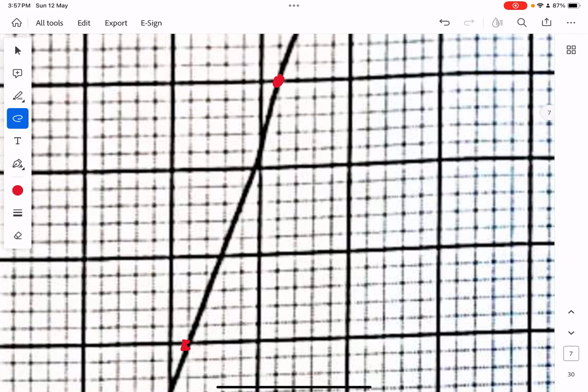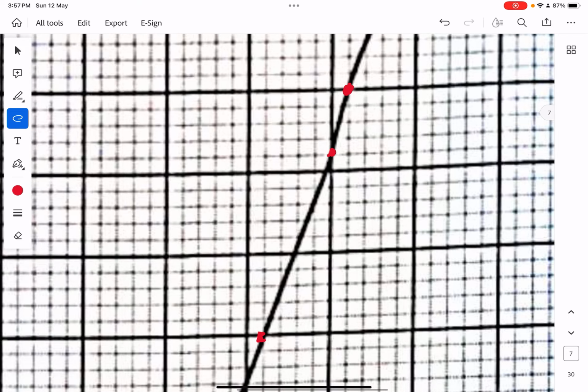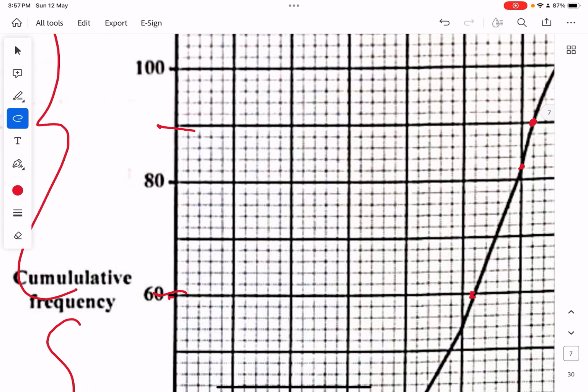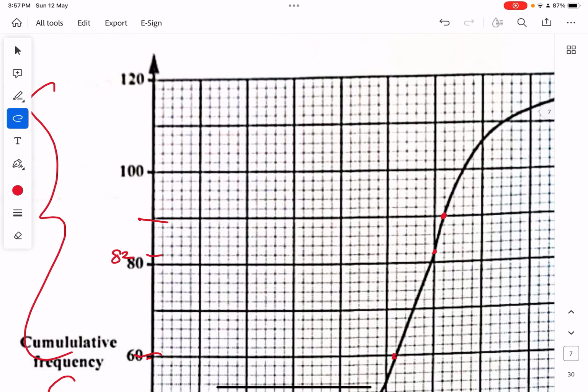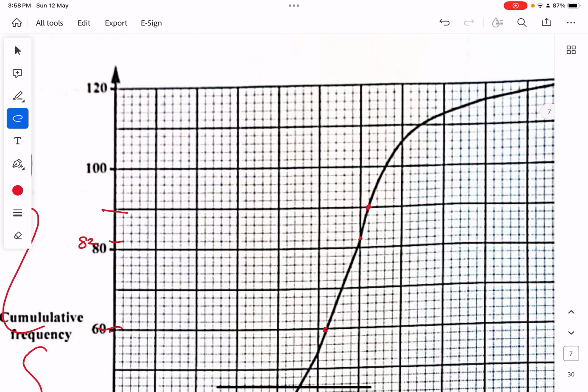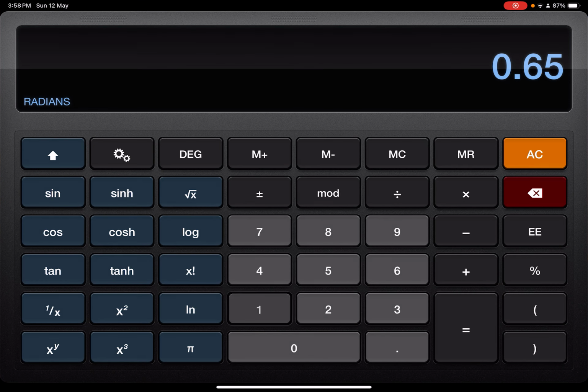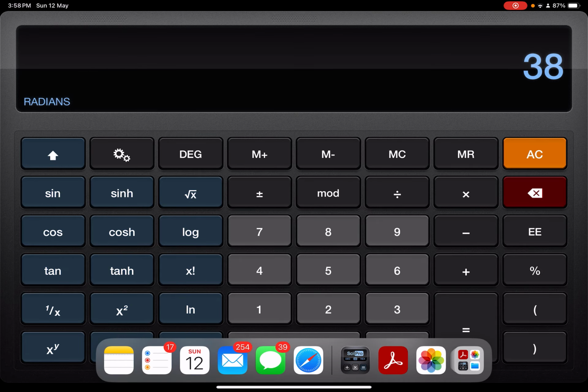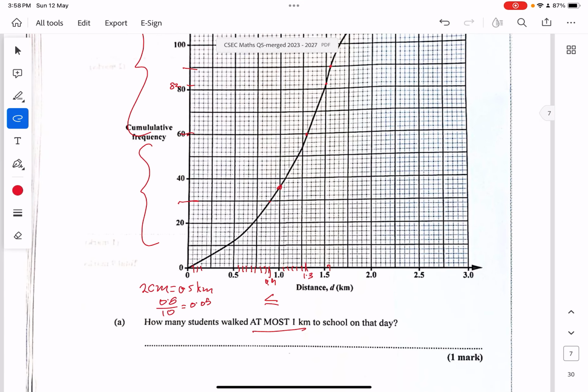Our curve meets at this point, and that is 82. So how much walked more than that? We had 120 students in all, so 120 take away 82 is 38 students.